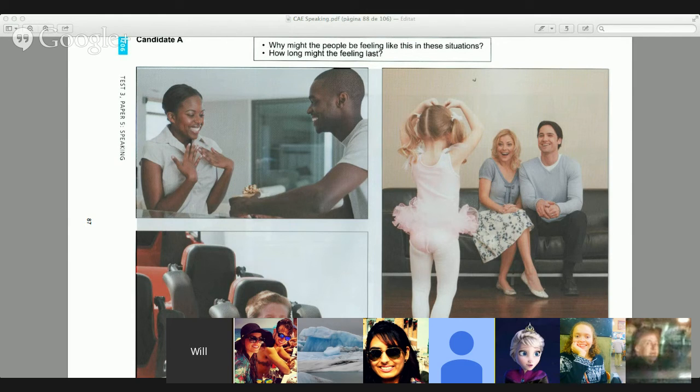I mean, the guy is giving a gift to the girl, maybe to hide his cheating, and the poor girl is feeling happy now, but after a while, when she figures out that he's cheating on her, she will not be happy anymore.